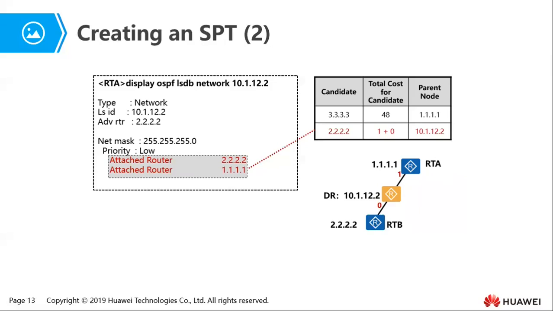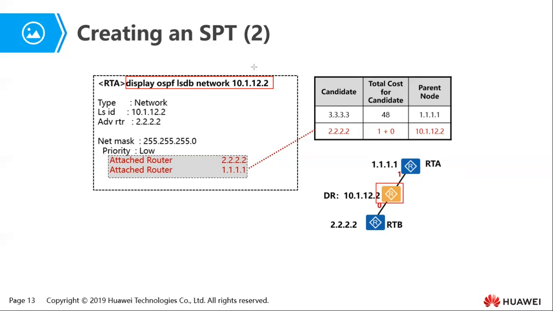The next thing is, because this is the DR in our network, RTA is going to evaluate the network LSA that is produced by this DR. After checking its own router LSA, it goes and checks the network LSA of the DR. So here, if we press display OSPF LSDB network 10.1.12.2, we produce the network LSA that has been generated from that interface.